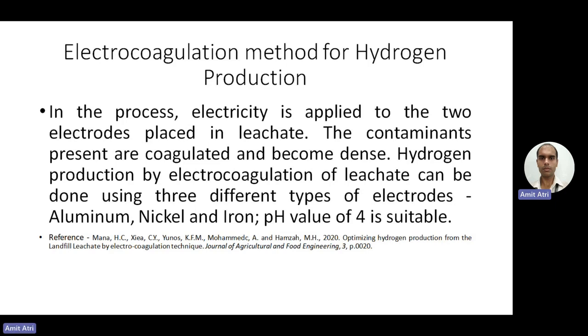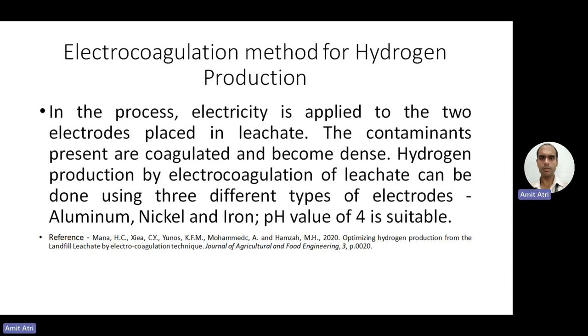In this process, because leachate is a liquid, two electrodes are placed in the leachate and electricity is applied to the two electrodes. The contaminants present in the leachate are coagulated and become dense. Then at the electrodes, hydrogen evolves.